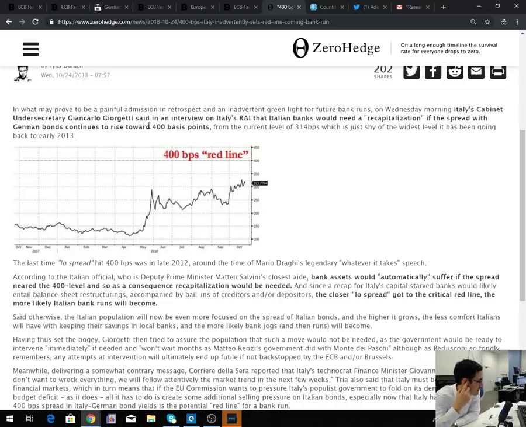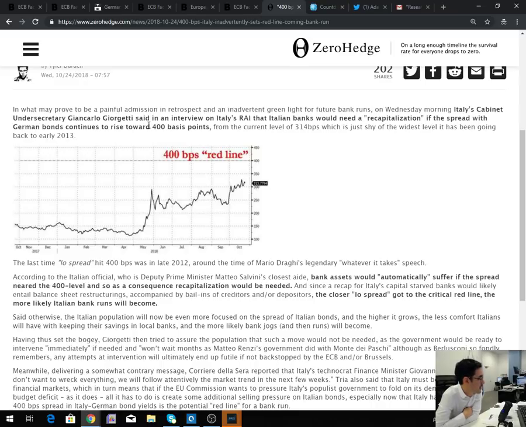We are currently just above 300, which puts us at the widest spread since basically, I guess it's about a 5-year period. Now, what would happen? Well, according to the Deputy Prime Minister and the closest aide to Salvini, bank assets would automatically suffer if the spread neared the 400 level.